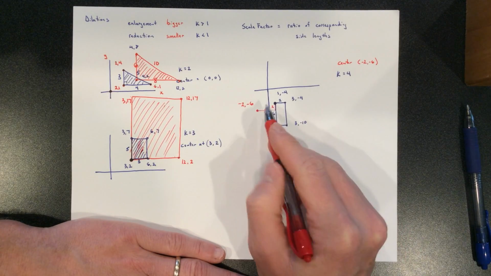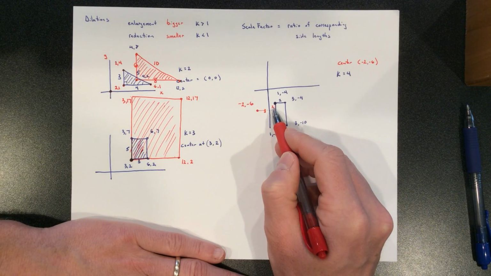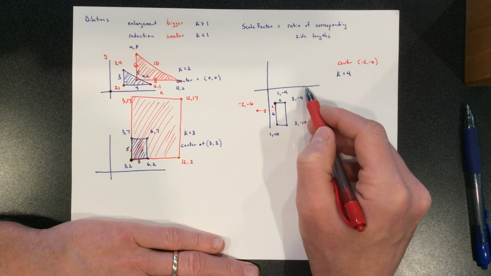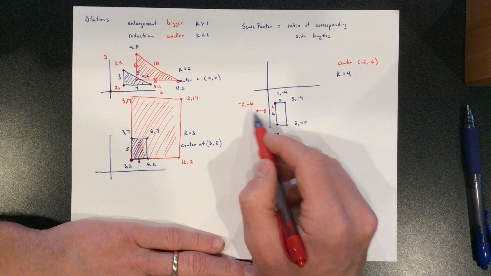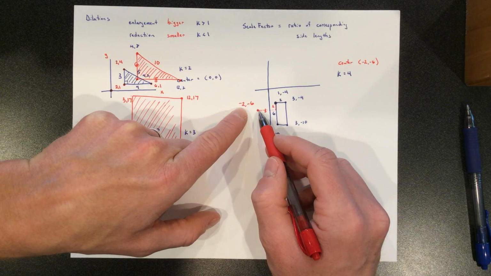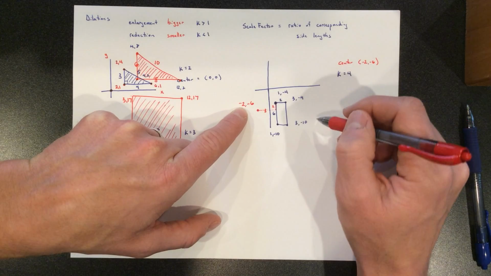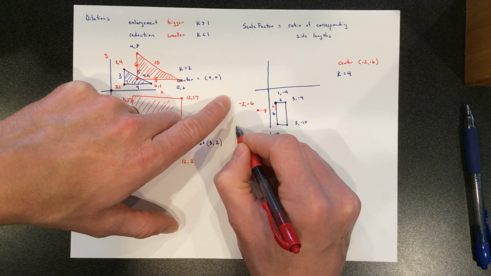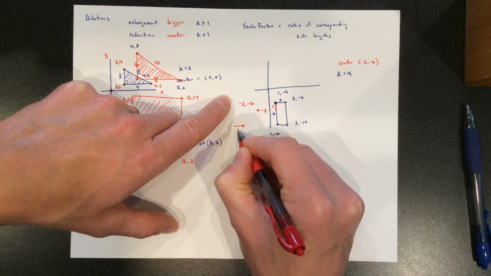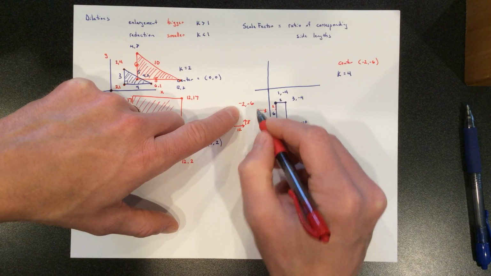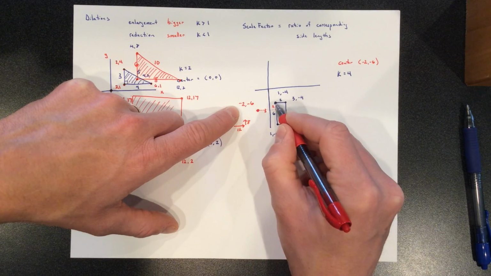So instead of being 3 away and 2 up, I need to go 12 away and 8 up from this point. So 12 to the right puts me at 10. So I'll write that down. I want to go 12 this way and up 8 from my center. That's where I'm moving this point to.